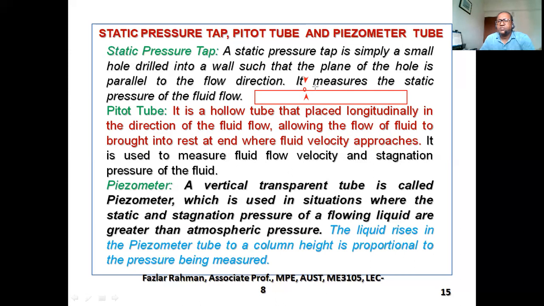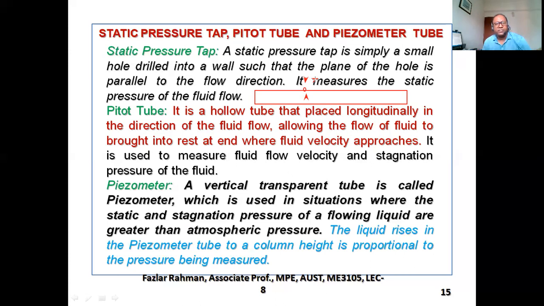If the magnitude of these two pressures is the same, then there will be no leakage of water or fluid from this hole. But if the inside pressure is higher than the atmospheric pressure, then fluid will come out through the hole. This way you can measure the static pressure of the fluid.